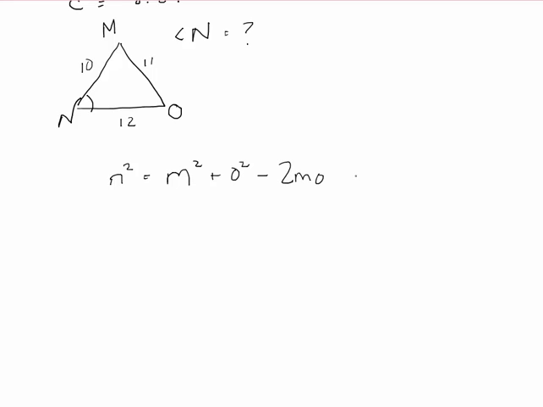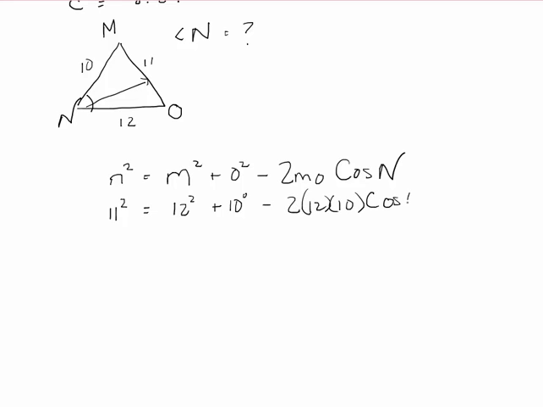Minus 2MO cos N. So I can substitute in, being sure that this is 11, the corresponding side matters, that's side N. My M is 12, and my O is 10. And I'm not sure what angle N is yet.